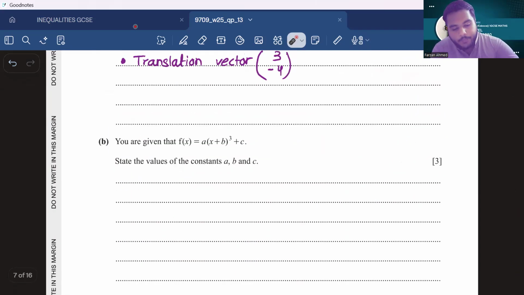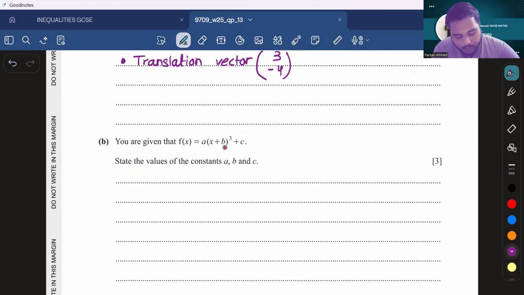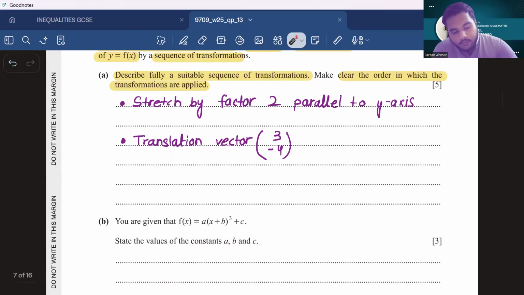Now in part B, they are saying you are given that f(x) equals a(x + b) cubed plus c. State the values of constants a, b, and c. So first of all, we have to make the equation.